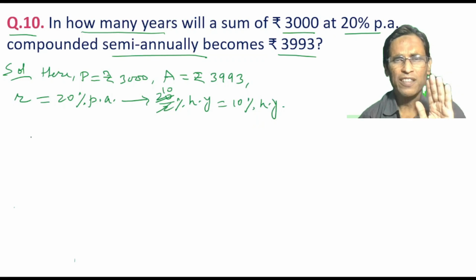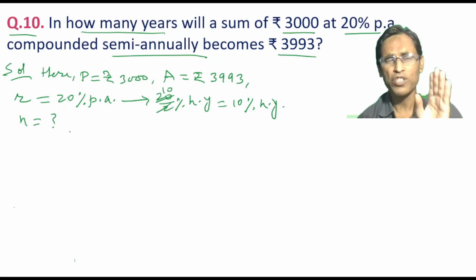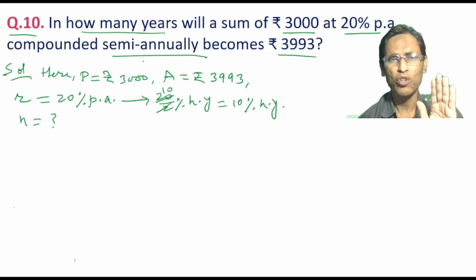And time period is unknown, so it is to be found. अगर हम टाइम पीरियड को नंबर ऑफ ईयर्स में काउंट करेंगे तो उस नंबर ऑफ ईयर्स को भी हमें हाफ ईयर्स में कन्वर्ट करना होगा, so as to maintain the condition of semi annually means half yearly, and so it will become twice n.